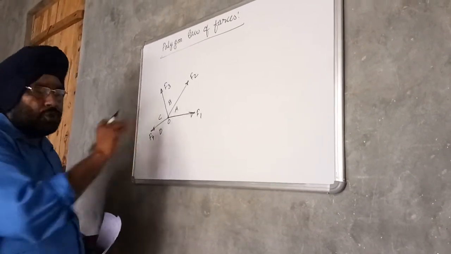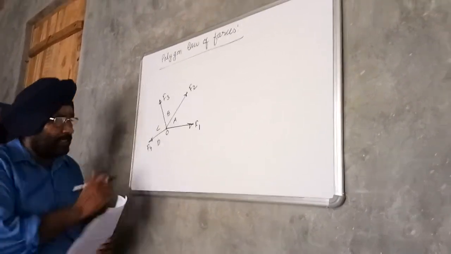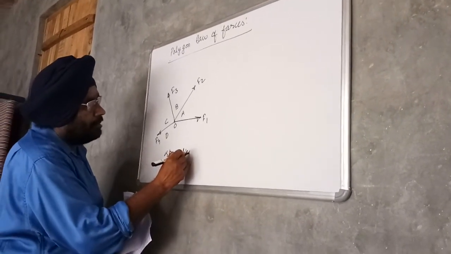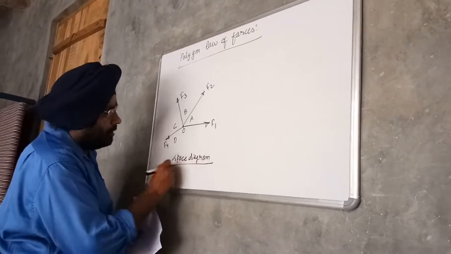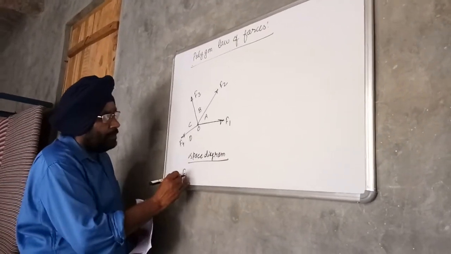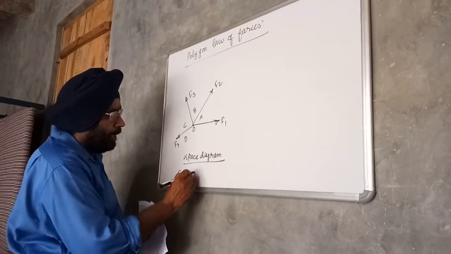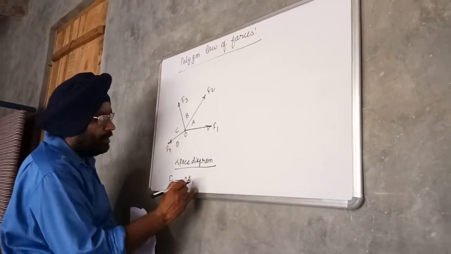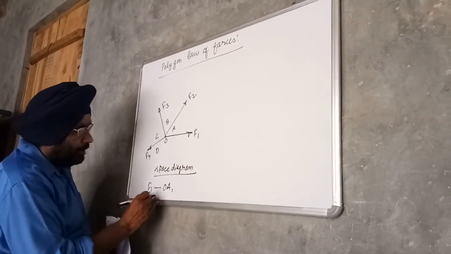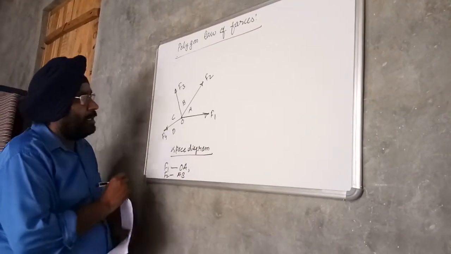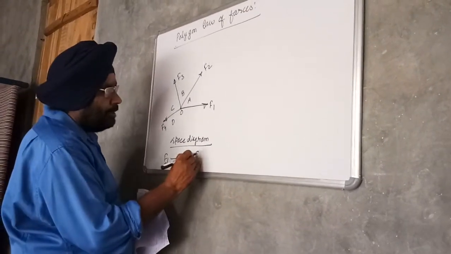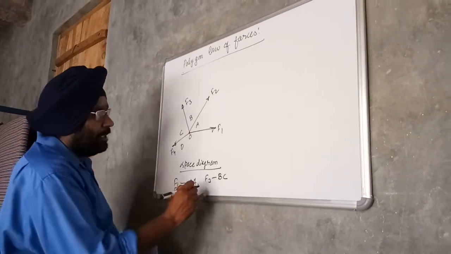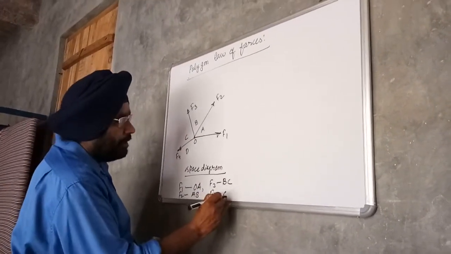According to Bow's notation, this is the space diagram. Force F1 is represented by OA, force F2 by AB, force F3 by BC and force F4 by CD.